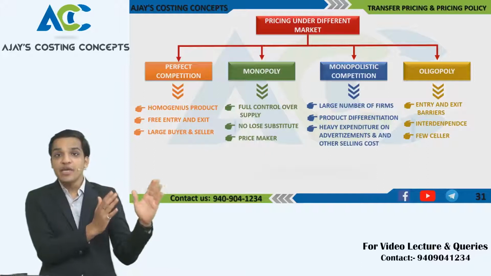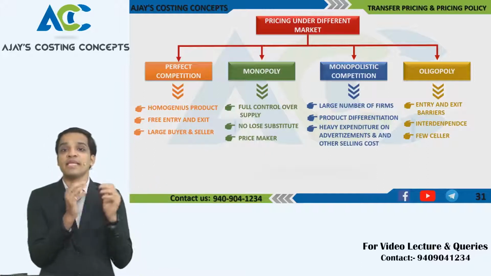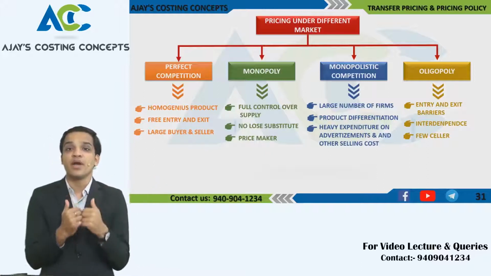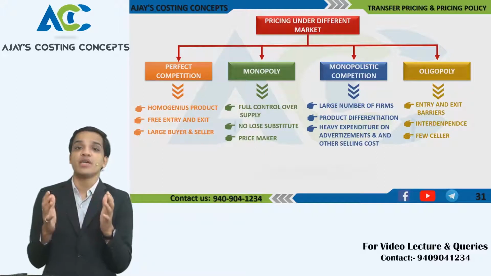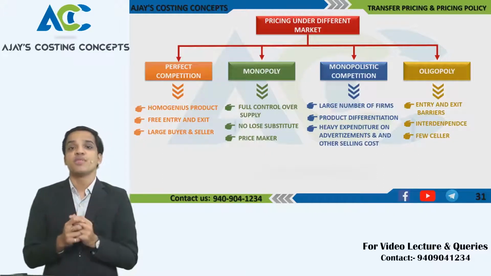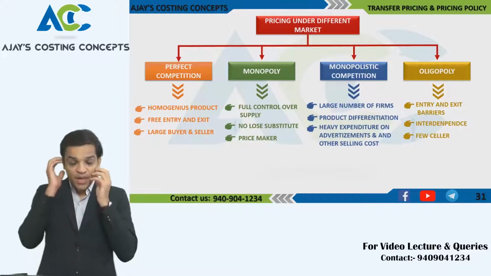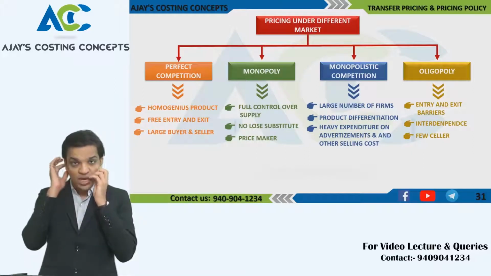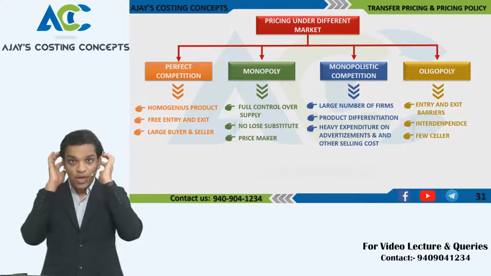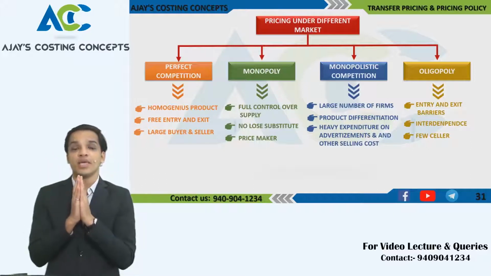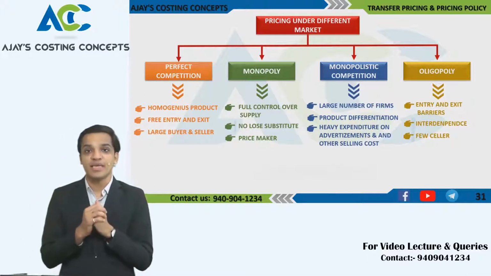In a competitive market, the pricing is decided by the market, by customers or consumers, because there are a large number of people from whom you can buy or sell this product. But in a monopoly, as you do not have any substitute, you become a price maker.